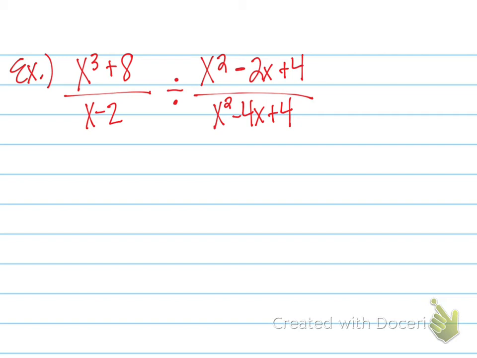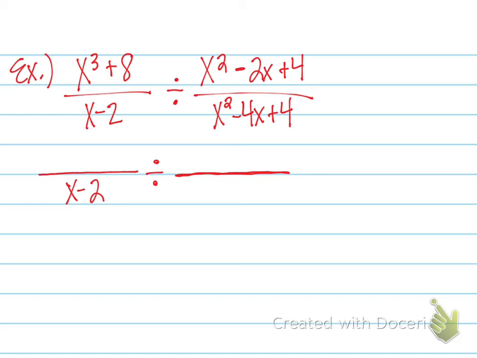Okay. I can factor out everything except this x minus 2. So we're going to start by factoring out the top, the numerator on the first fraction. Is that a cubic function?